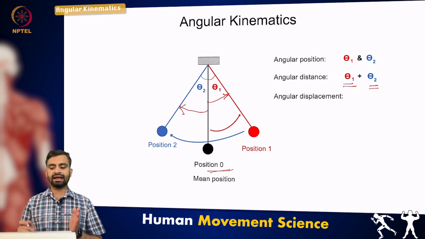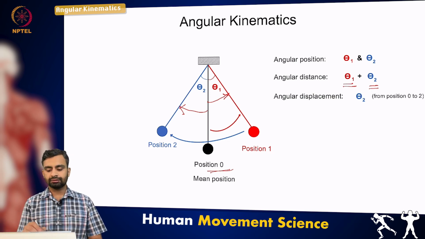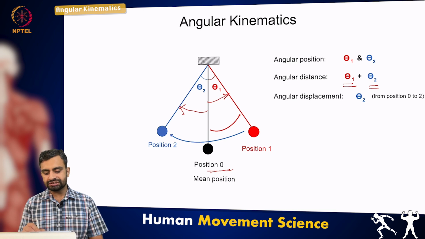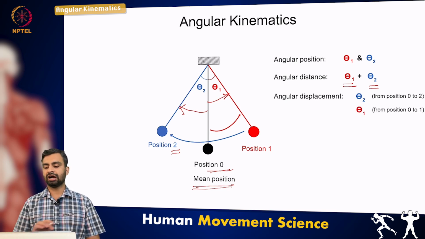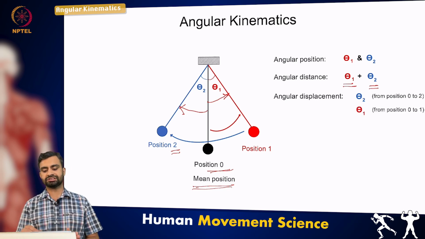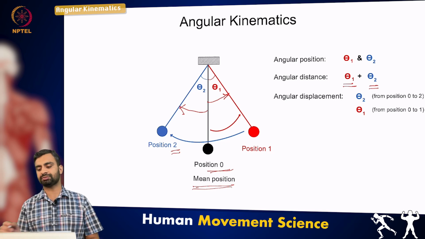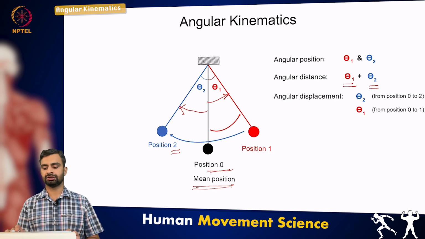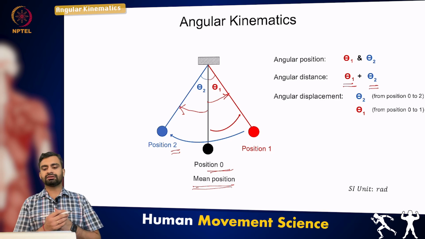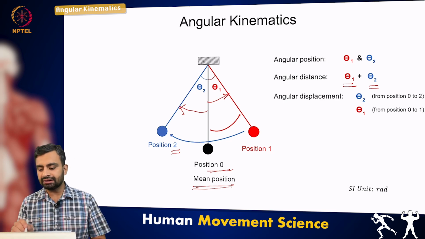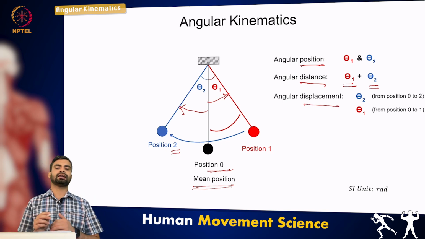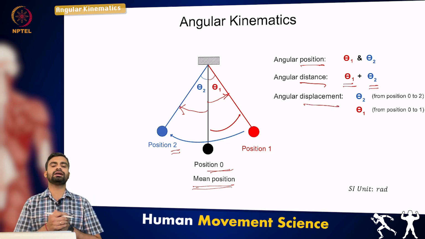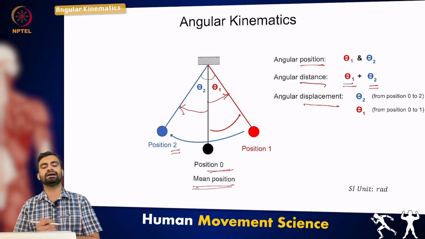Now let's look at the angular displacements. When we look from the initial or mean position 0 to position 2, the displacement is θ2 only. However, from position 0 to position 1, the displacement is θ1. So here we see how we can define angular position, distance and displacement, in a similar manner to what we discussed for linear kinematics.